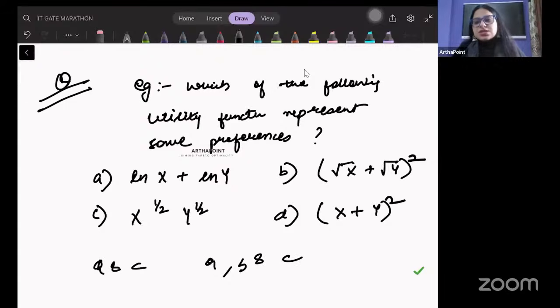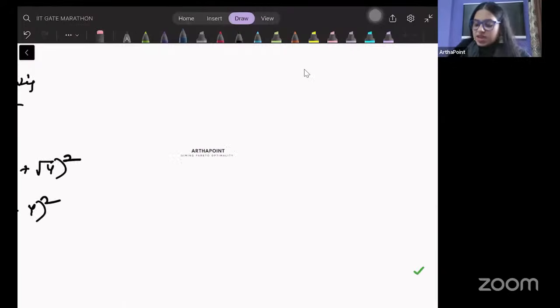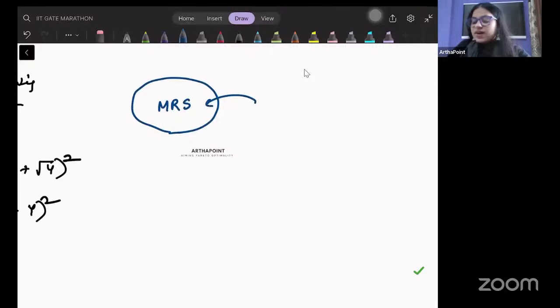It means they're asking you about monotonic transformation. Monotonic transformation के ऊपर क्वेश्चन बहुत कॉमन है आना. What I have to go ahead and see is I have to check the MRS. If two utility functions have the same MRS, one is a transformation of the other.